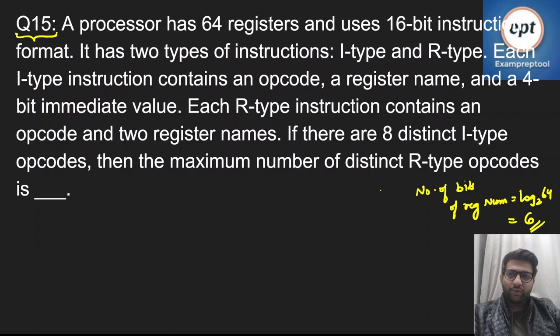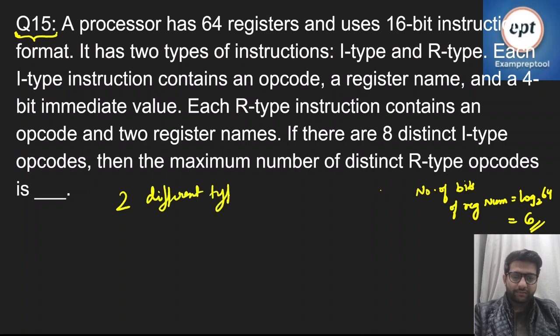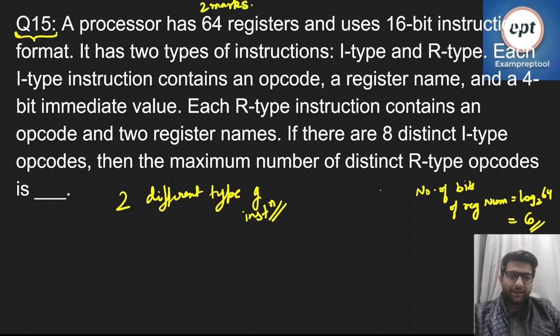So this is a new, different type of question with two different types of instruction supported, right? And these types of questions are usually asked for 2 marks. So let me explain how you can solve these types of questions.